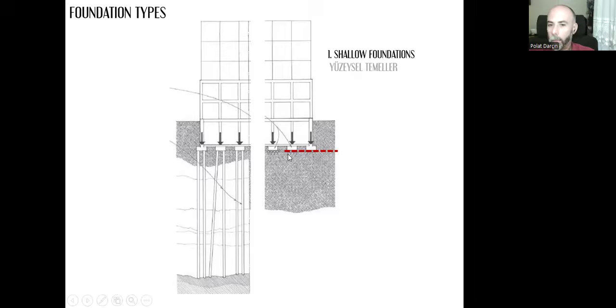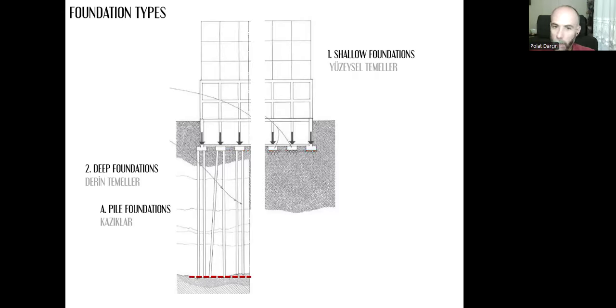However, if the bearing capacity of that level is not enough and the strong layer is very deep, then we need deep foundations. First, we construct the deep foundations, and over that, we construct the shallow foundations, and over that, we construct the superstructure. Deep foundations, there are two different types.